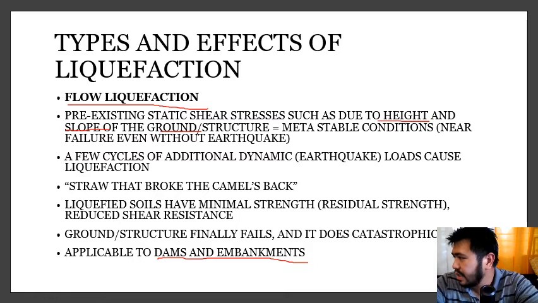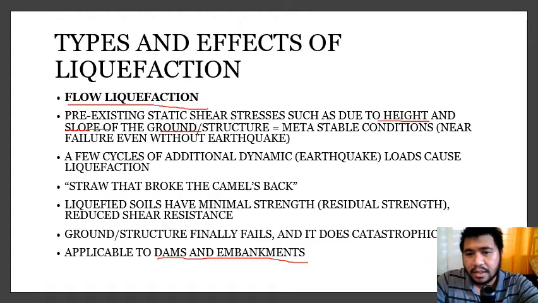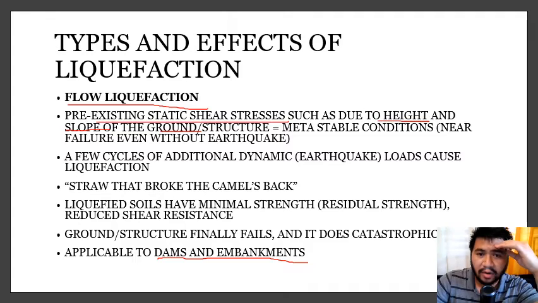You know, dams can easily reach 50, a few hundred meters of height. And of course, you have a lot of existing static shear stresses due to the height and the slope of your ground or structure. And typically, these are metastable or pseudo-stable. They're actually close to failure, or their factor of safety against failure is almost approaching one.